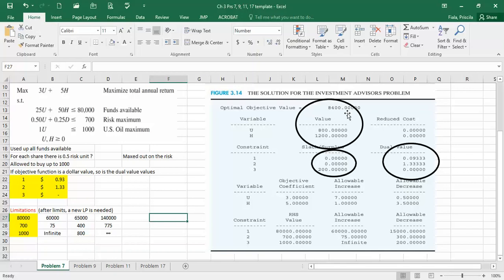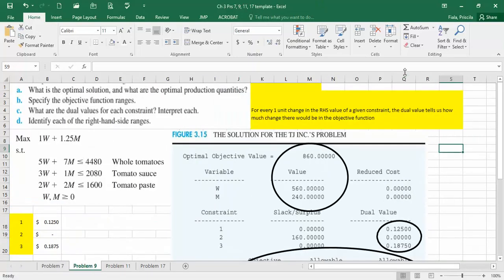So I'm not saying it's not going to change. The allowable decrease and increase tell you how much you could make that change and stay in the range of feasibility, or stay in the range of optimality, sorry, which I have included on problem 9 here. So let's go and start problem 9.